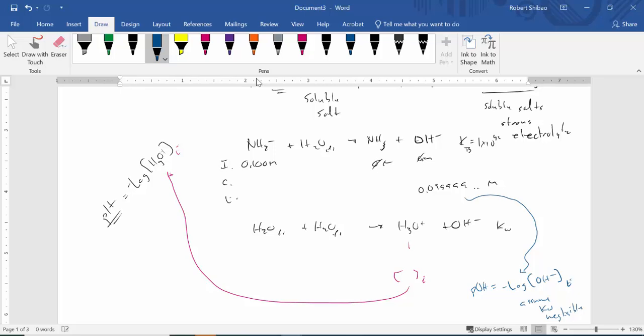Here, hydronium is going to be significant because we start off at 0. Here, we're starting off at 0.09999, and then we're going to get the hydroxide at equilibrium. And we expect it to be a very small addition here.